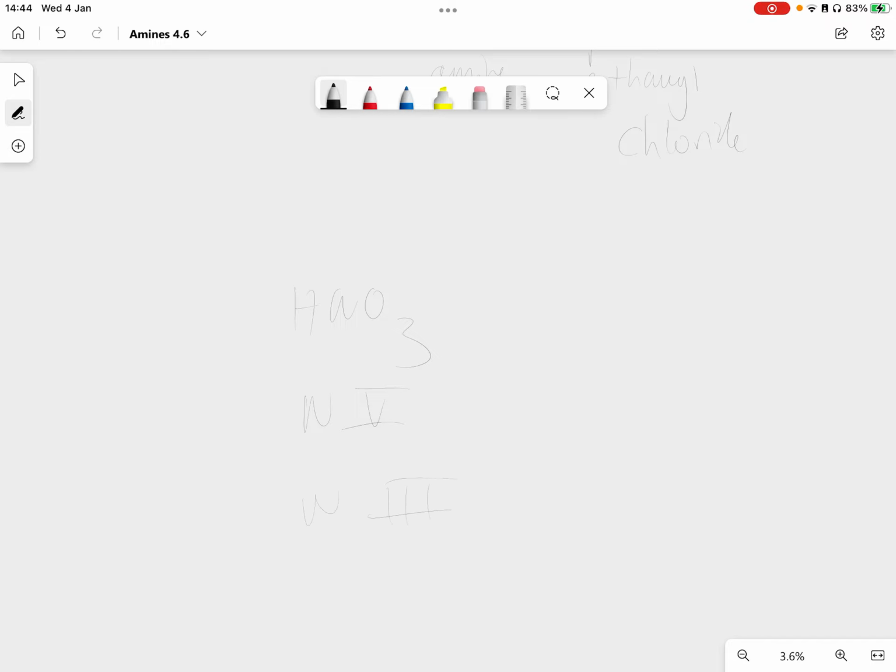So this is when you see an aliphatic amine, so we'll do something like ethanamine again, seems to be a favourite of mine. Ethanamine plus our nitrous acid. This is going to produce ethanol.